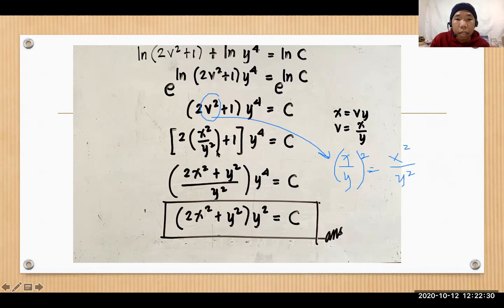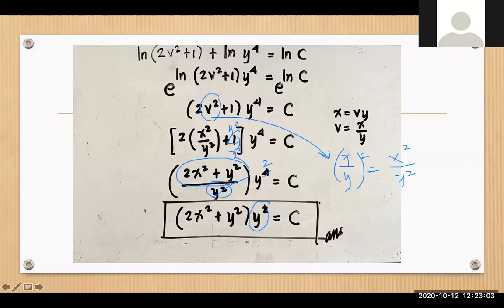Now if you want to put them into one fraction, you can replace this as y squared over y squared, which is 1, right? So you can combine them and copy that same denominator. So 2x squared plus y squared is your numerator for this fraction, and then you can cancel y squared. So that's why you have this in your final answer. Okay, clear? Yes, sir.